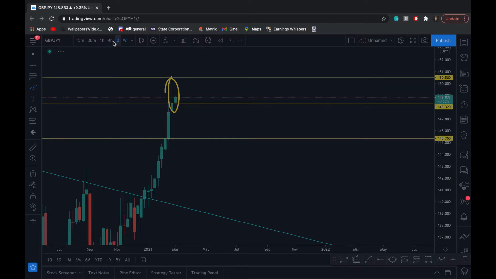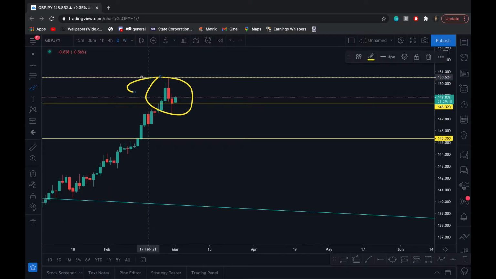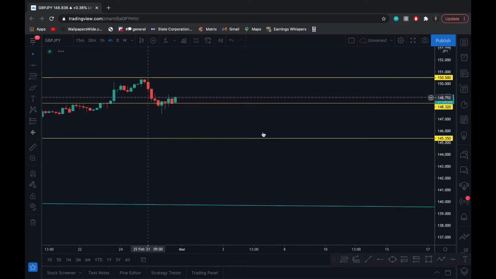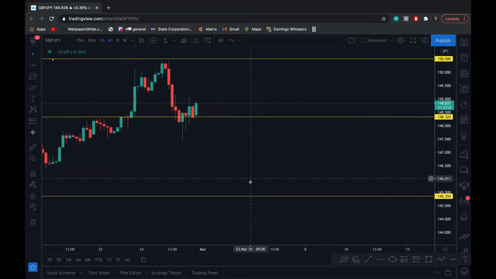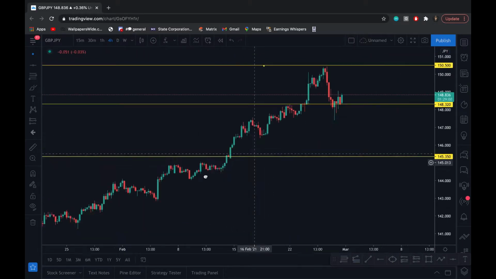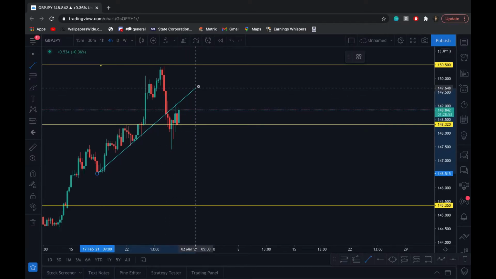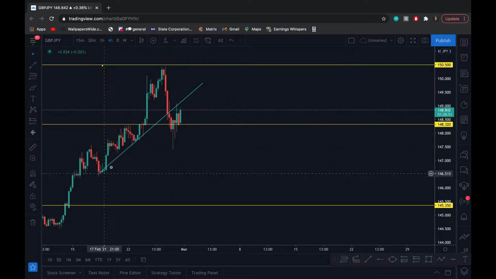So let me go back to the daily time frame real quick. Let me delete this real quick. So yeah, let me see your 4-hour candles. All right, so for your 4-hour candles, we can see that we were creating higher lows, higher highs, higher lows, higher highs, higher lows, higher highs, higher low, higher high, right?